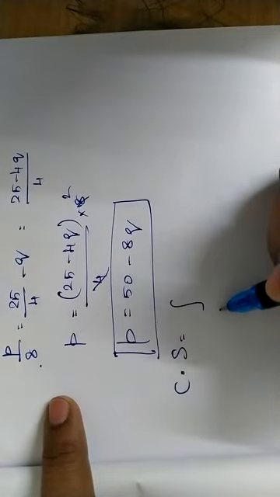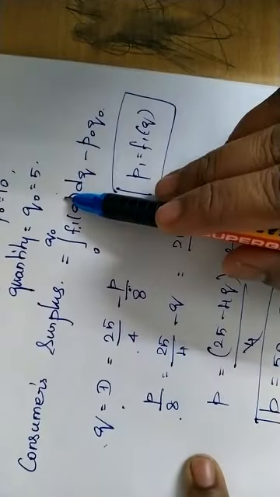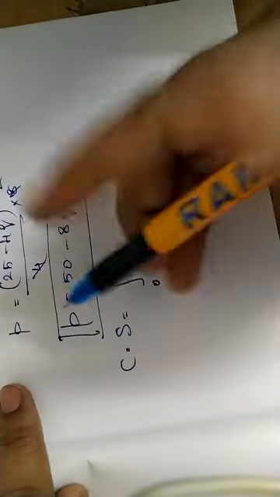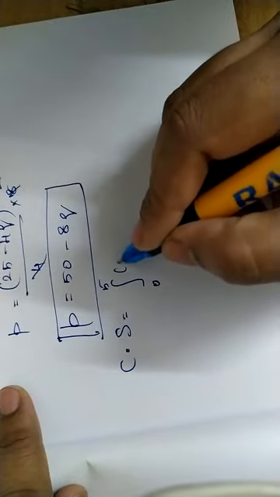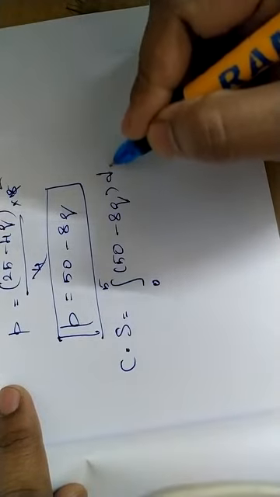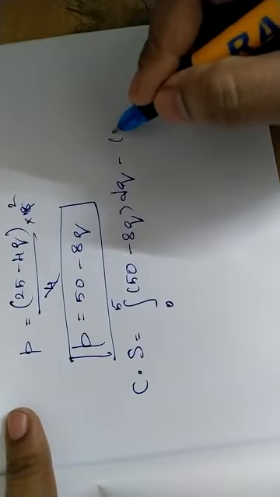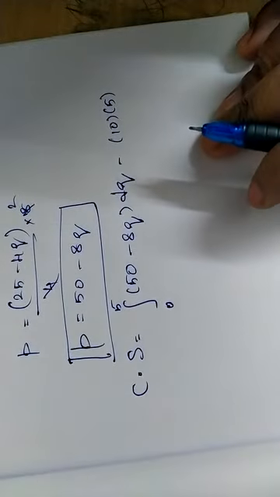Consumer surplus is equal to the integral from 0 to Q naught. We know the value of Q naught is 5. F1 of Q is nothing but 50 minus 8Q dQ, minus P naught Q naught. P naught is 10 and Q naught is 5.